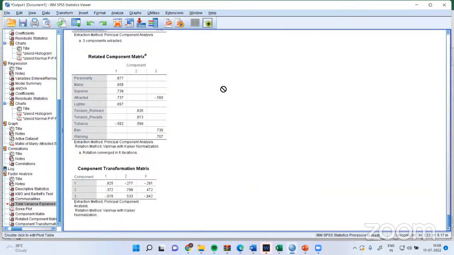Go to the rotated component matrix. All of you go there.